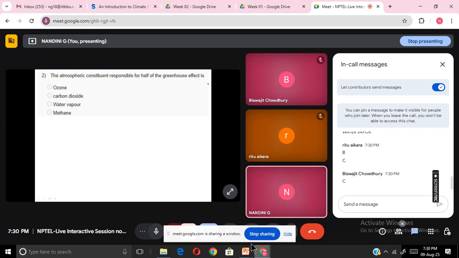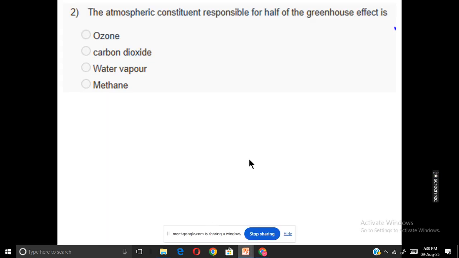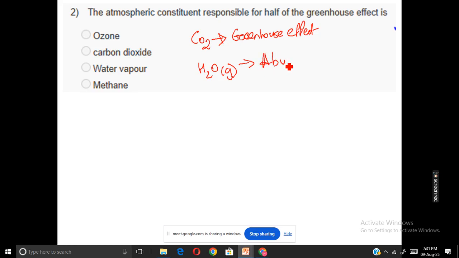Yes. So even though we generally talk about carbon dioxide, like increase in carbon dioxide, as a major part of the greenhouse effect, the strongest or the most potent greenhouse gas is actually water vapor, and this is also the most abundant greenhouse gas, which is responsible for half of the greenhouse effect.